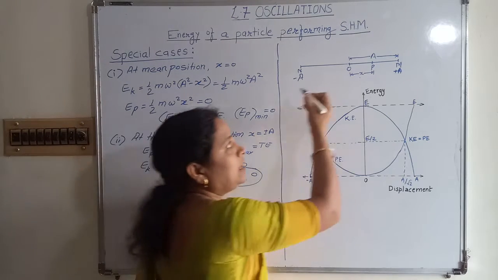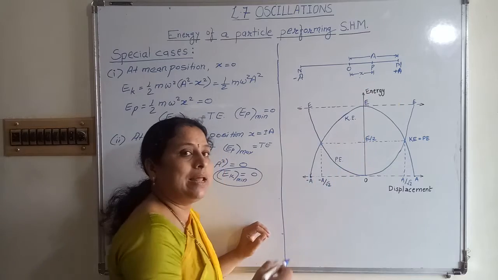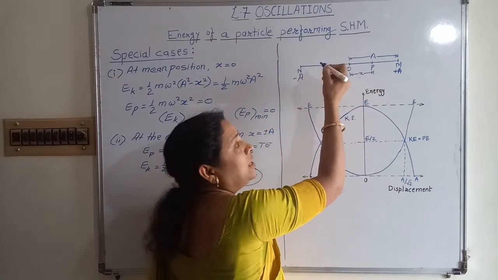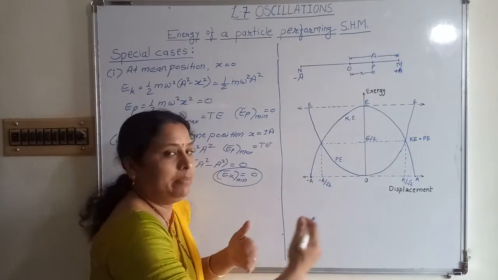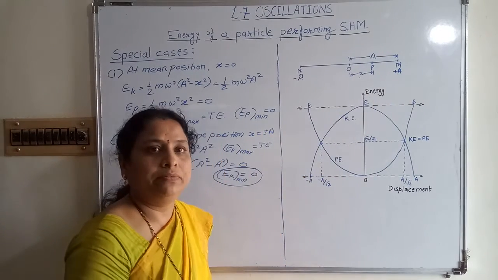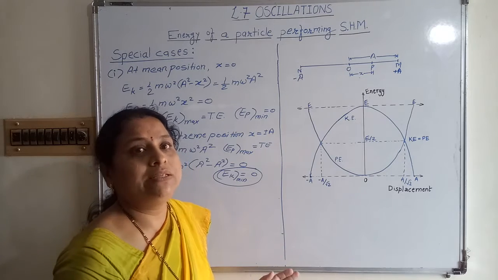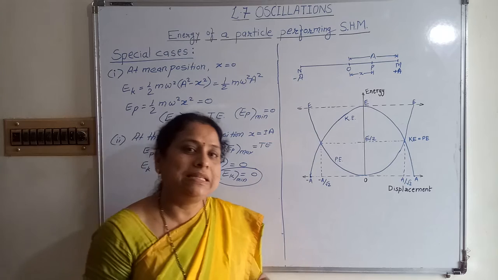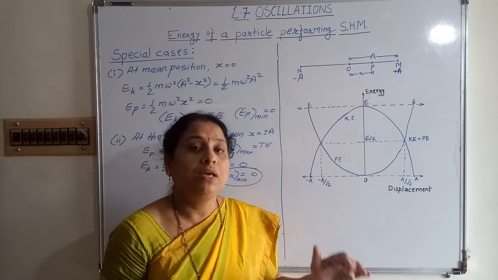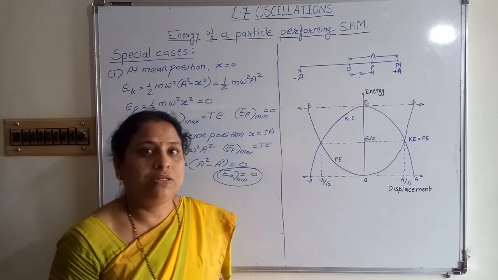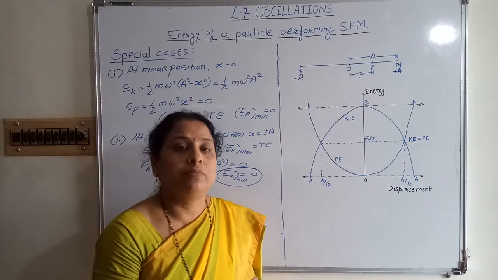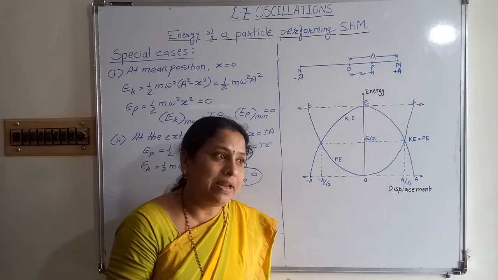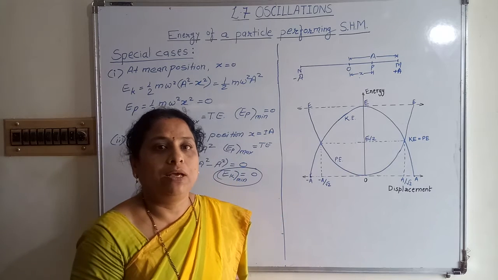Means when the particle performing linear simple harmonic motion is at any position, at mean position, at two extreme positions, or at any other point, the total energy always remains constant, so we can say that the total energy in linear simple harmonic motion is conserved. It only changes its forms. The total energy divides, some part into kinetic and some part into potential.